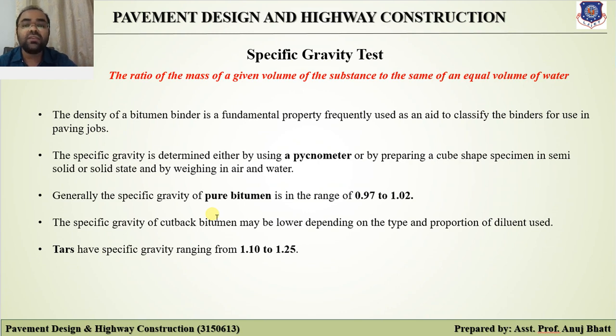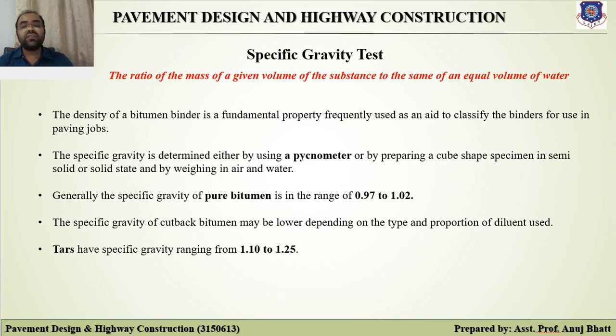The specific gravity of bituminous material is defined as the ratio of the mass of a given volume of the substance to the mass of an equal volume of water, both at a temperature of 27 degrees Celsius.